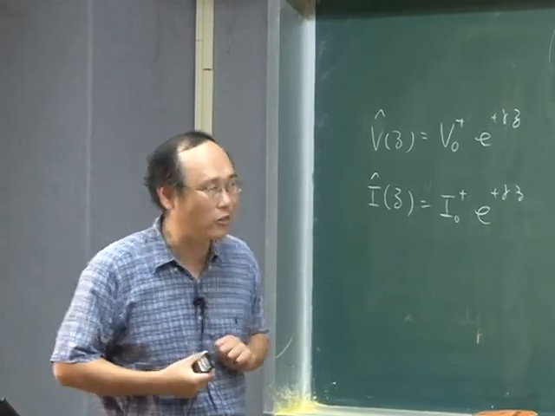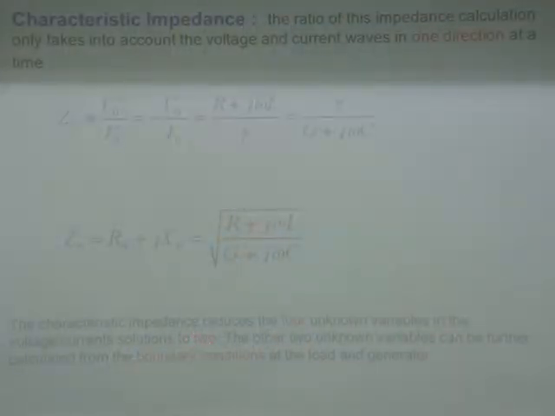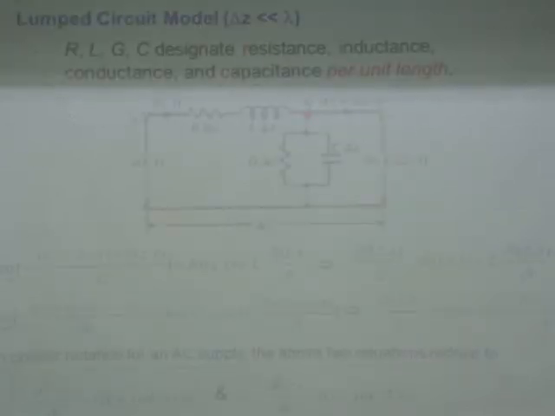Initially you have 4 unknown variables, now you only have 2, and later on we're going to solve the 2 unknown variables according to the boundary conditions.